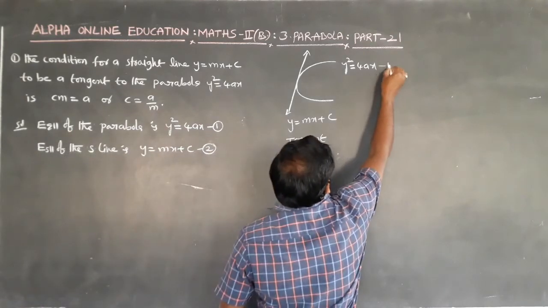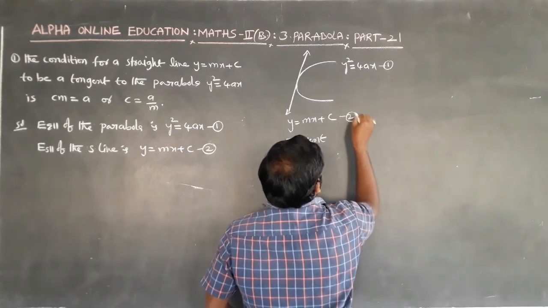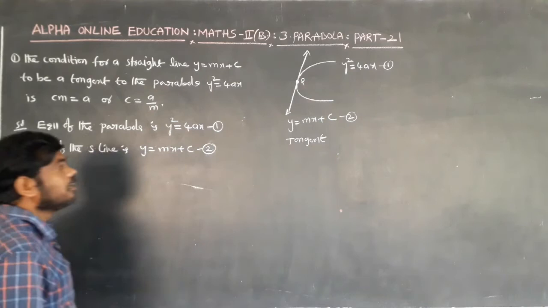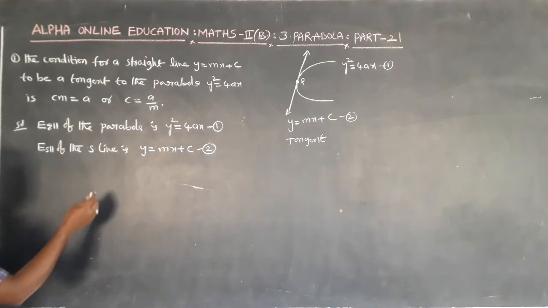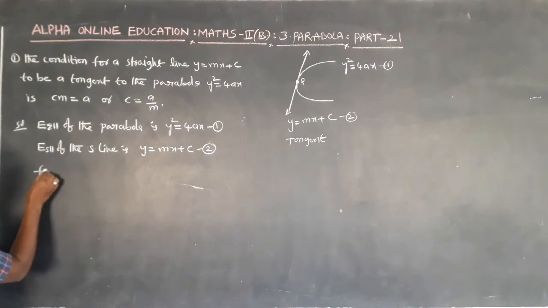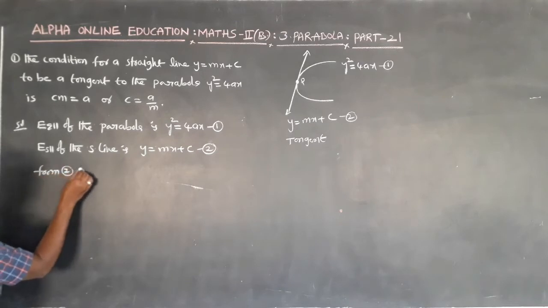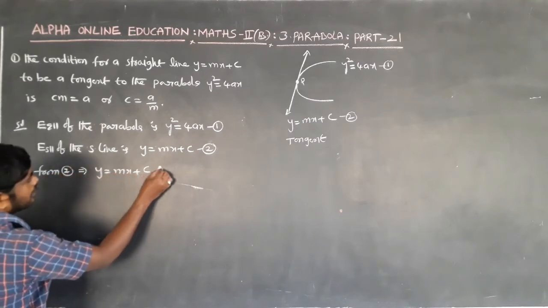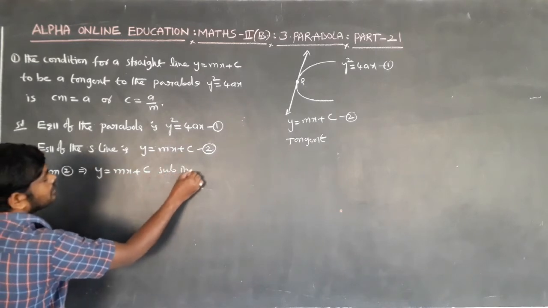Solve 1 and 2. Find the point of intersection of 1 and 2. From 2, y = mx + c.